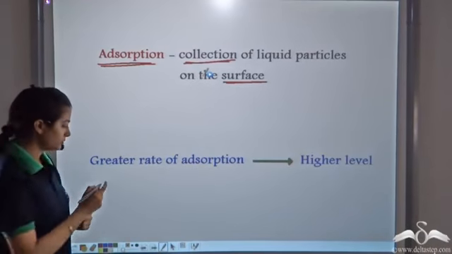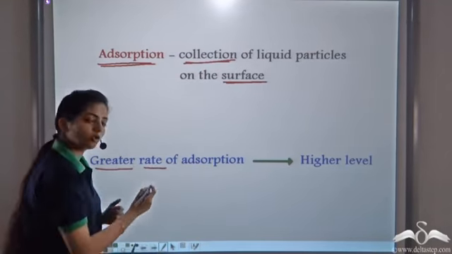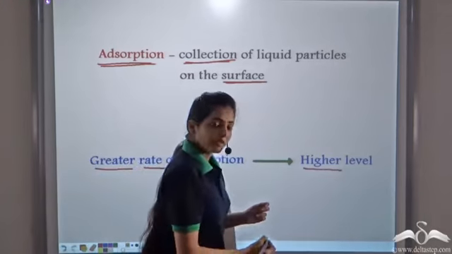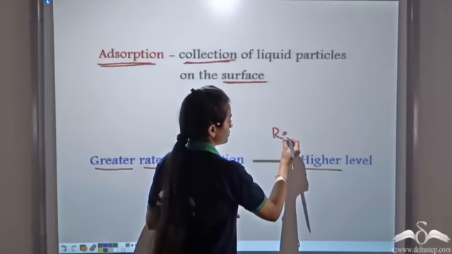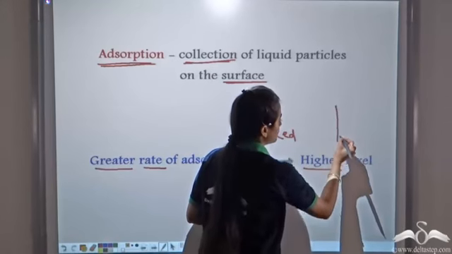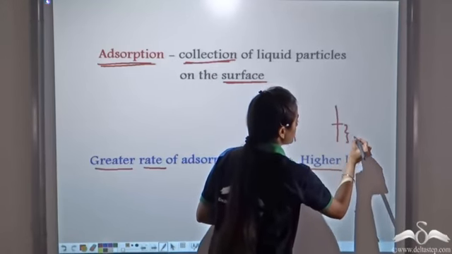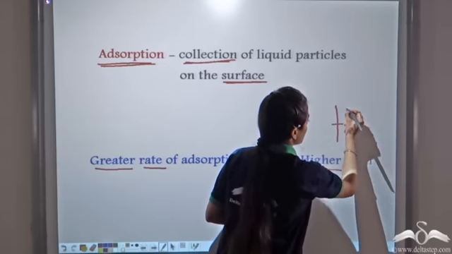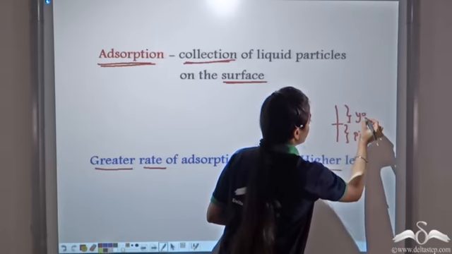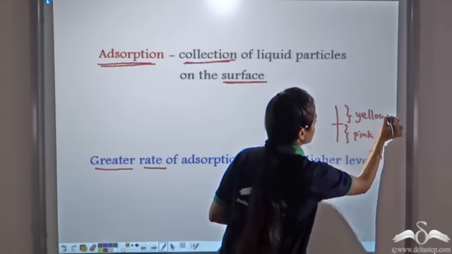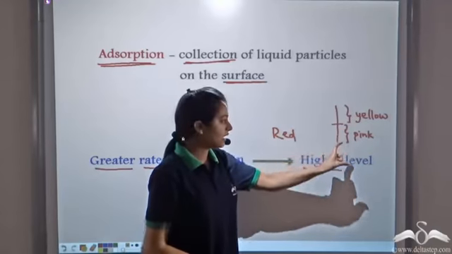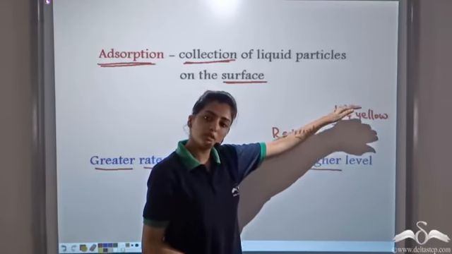And this means the higher or the greater rate of adsorption, the higher level it takes. So when we had a red ink on the filter paper, you might observe that this portion is taken up by, say, light pink, and the yellow portions travel up farther. So the yellow portion travels up farther, and the pink portion is below the yellow portion.